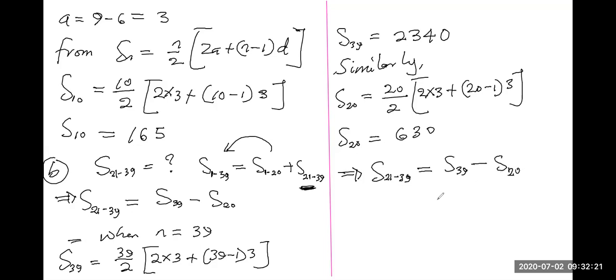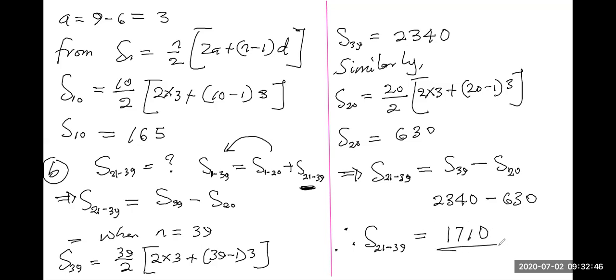That gives us 2340 minus 630, and we end up having 1710. So therefore, the sum of the 21st to the 39th term is equal to 1710. All right, so that is the answer to that question.